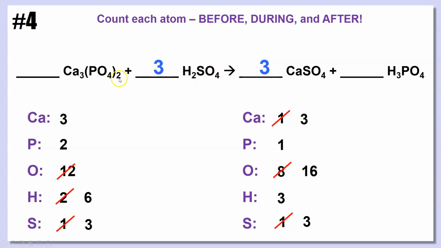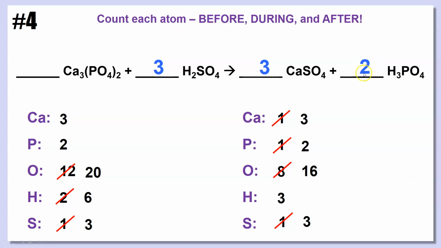Now on this side I have 4 times 2 plus 3 times 4. Now I'm all the way up to 20 oxygens. That doesn't mean it's wrong. It just means it's more complicated. Okay? Now, let's put a 2 here and finally fix that phosphorus.